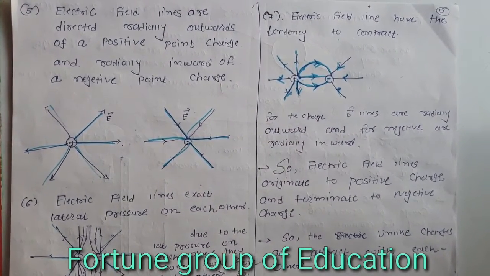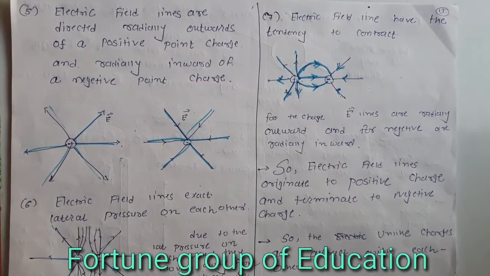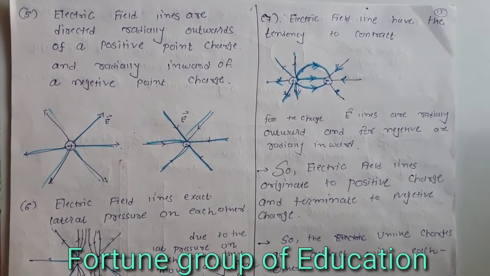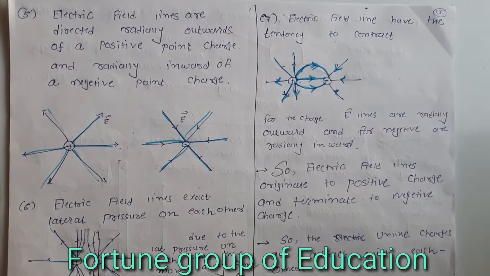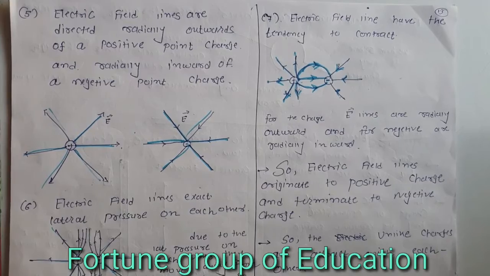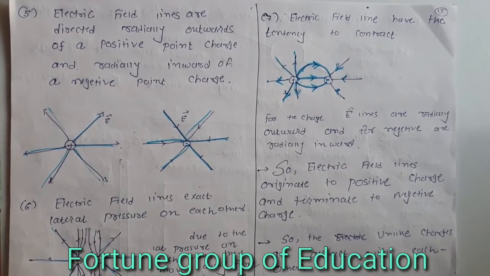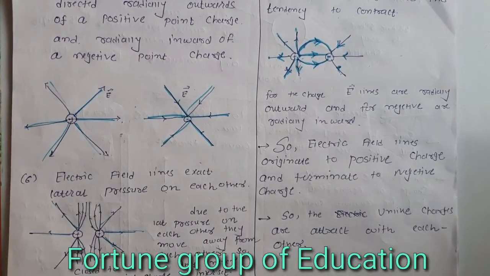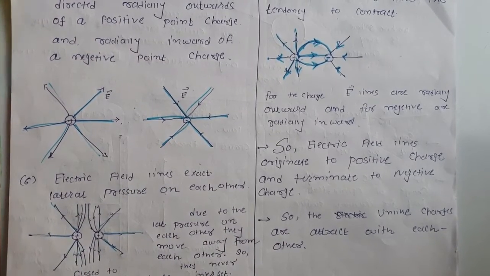So for the positive charge, electric field lines are radially outward, and for the negative charge they are radially inward. Electric field lines originate at the positive charge and terminate at the negative charge. So unlike charges attract each other.